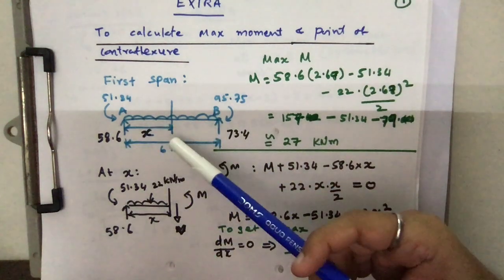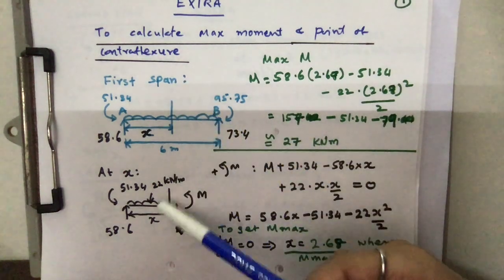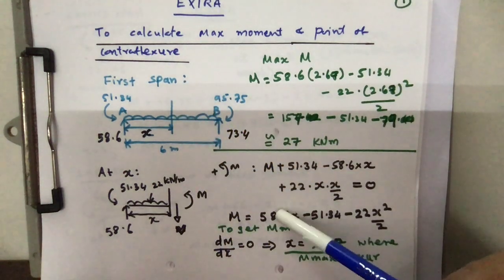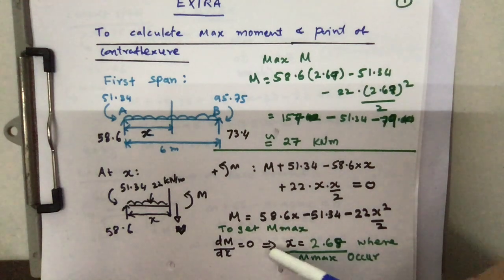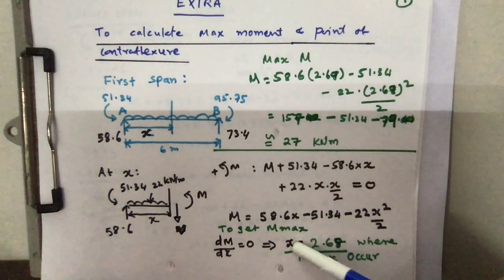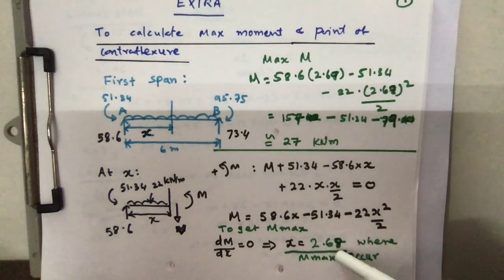If you want to know the maximum bending moment, you can first write the bending moment equation at any distance x. Take the differentiation of this moment equal to 0, which gives you the value of x where exactly the maximum bending moment will occur. So here you are getting 2.67.